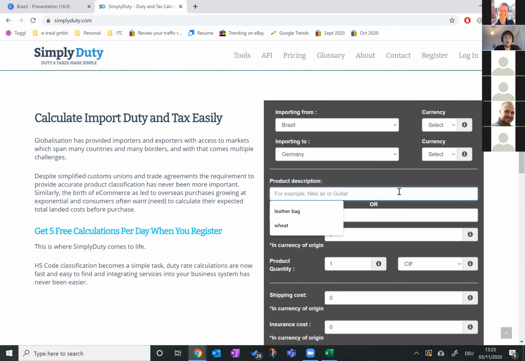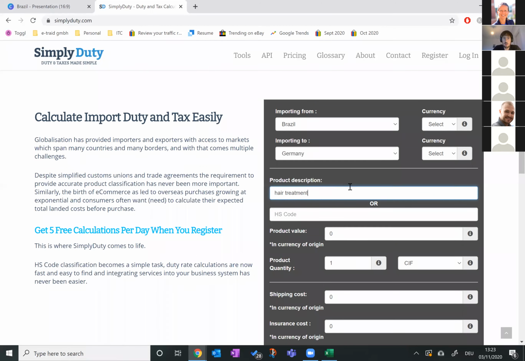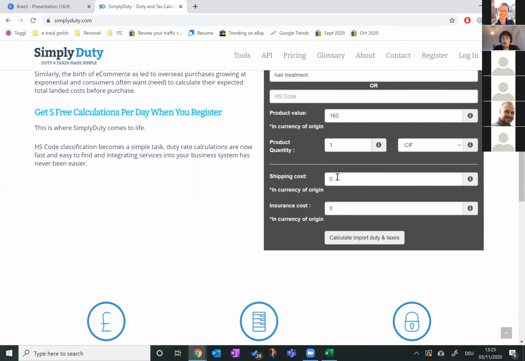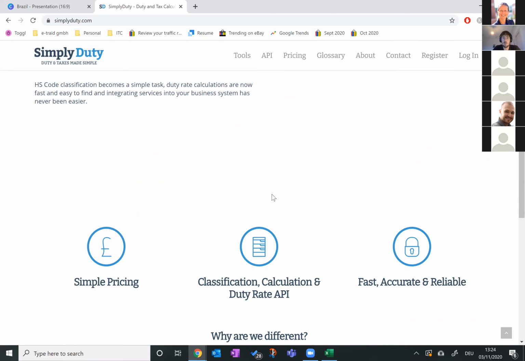So I'm going to say hair treatment, and the product value, we're going to put it at $160. We have quantity 1, and shipping cost, we'll put it to 0, insurance as well. And let's calculate my duties.